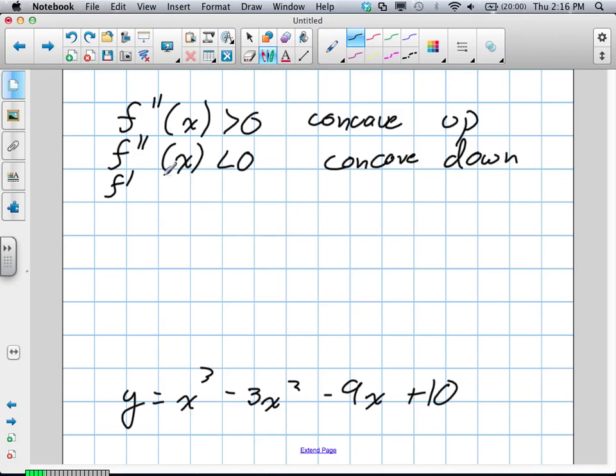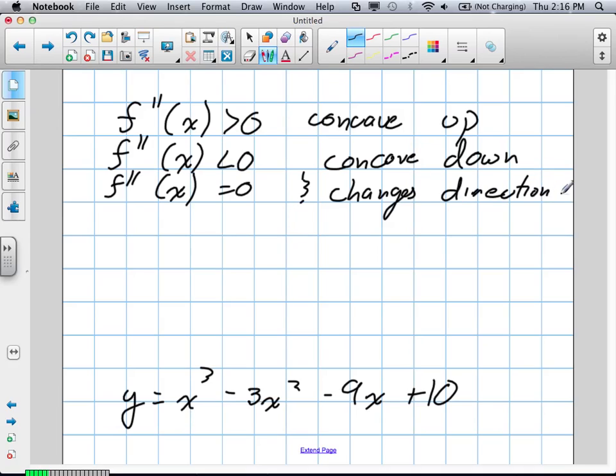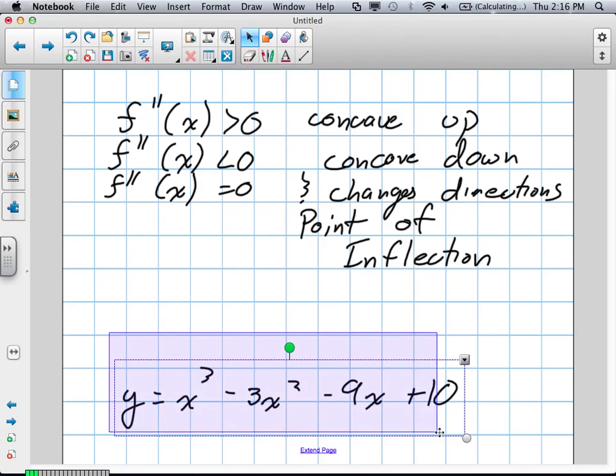And if f double prime of x is equal to 0 and changes directions, we have an inflection. Okay? This is a point of inflection. We'll also talk about local minimums and maximums after that. Okay? But these are some important rules we need to know.